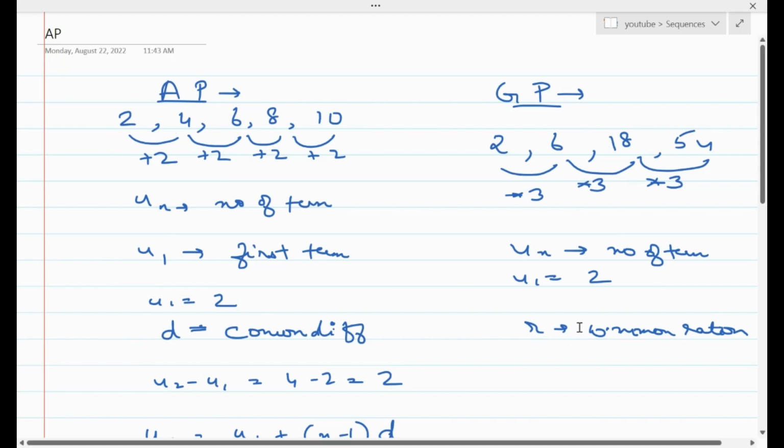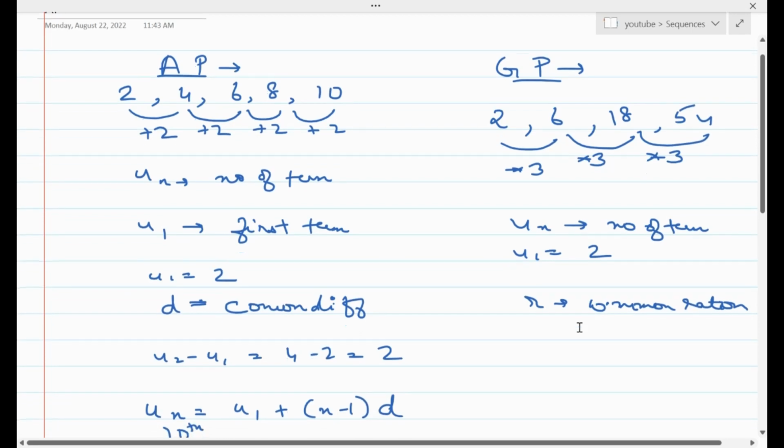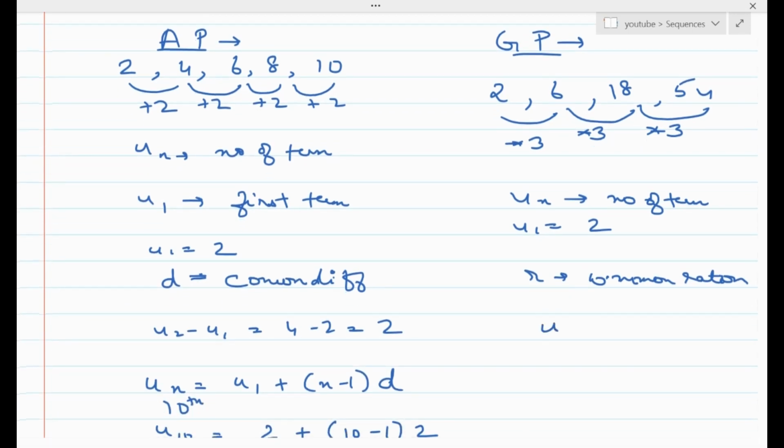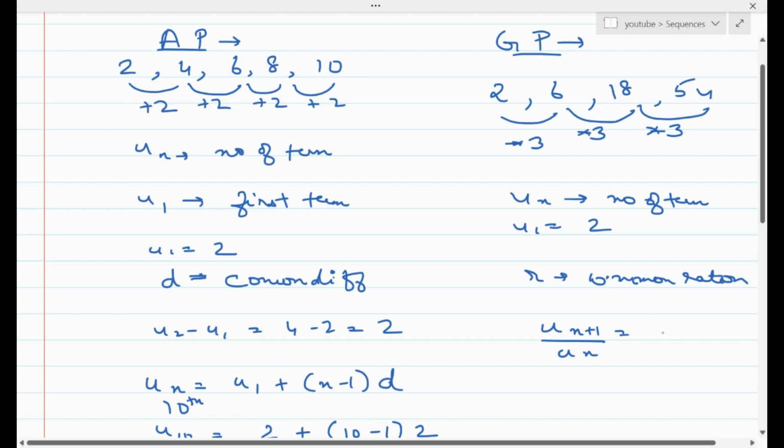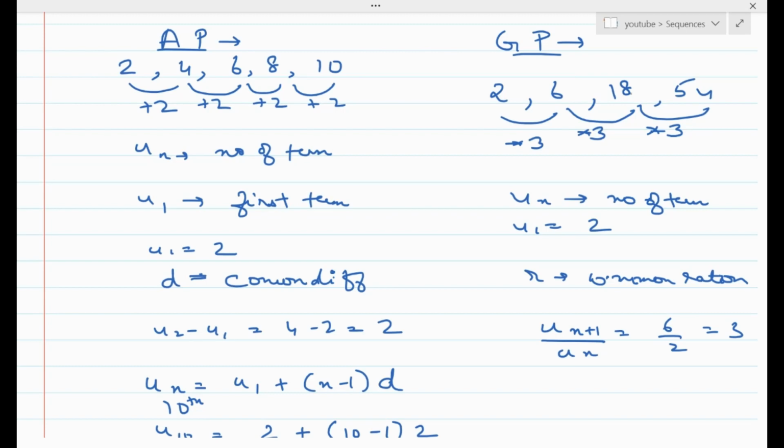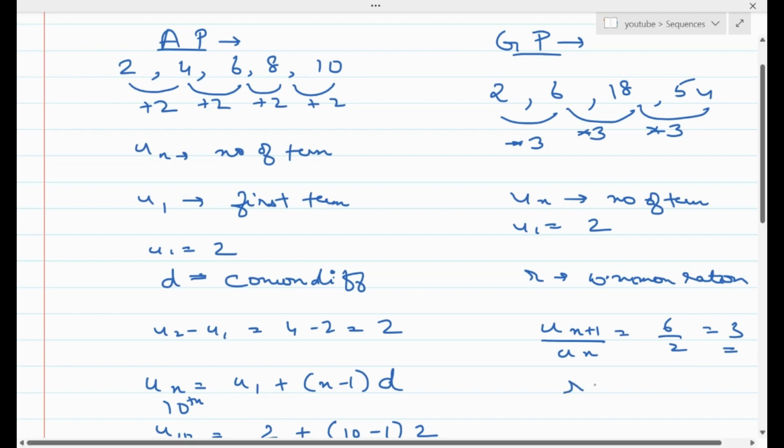In case of a geometric progression, we are going to divide two terms. So, you would do un plus 1 divided by un. Let's take 6 and 2 in this case. So, 6 by 2 would be 3. So, any two consecutive terms, if you take this un plus 1 term divided by un, you would get the common ratio, and here r is going to be equal to 3.